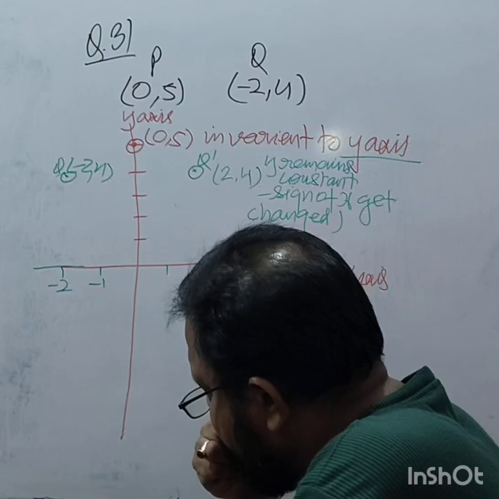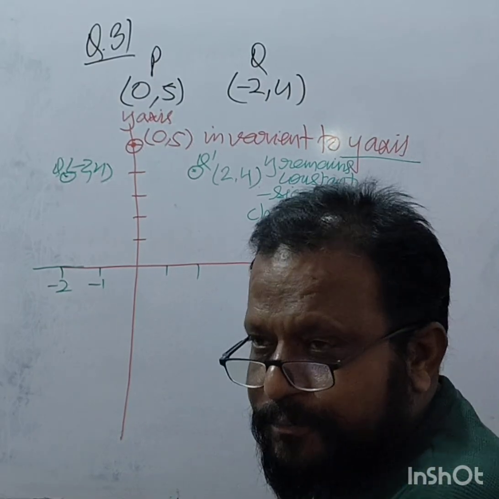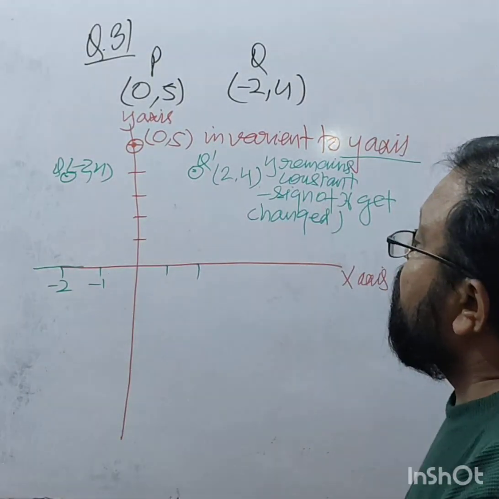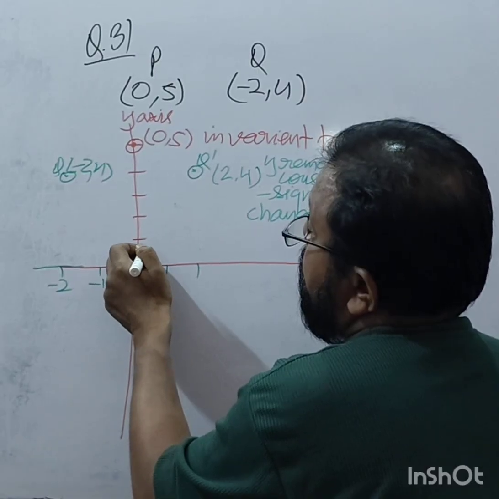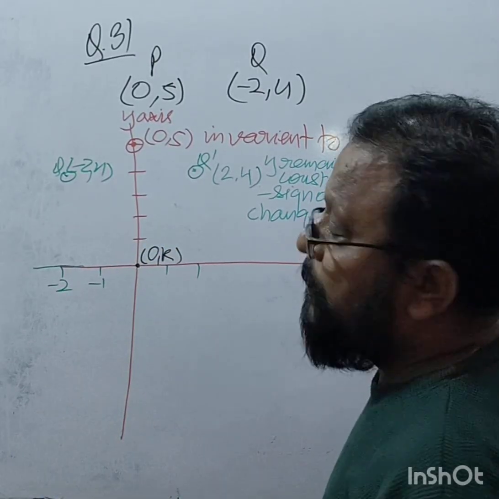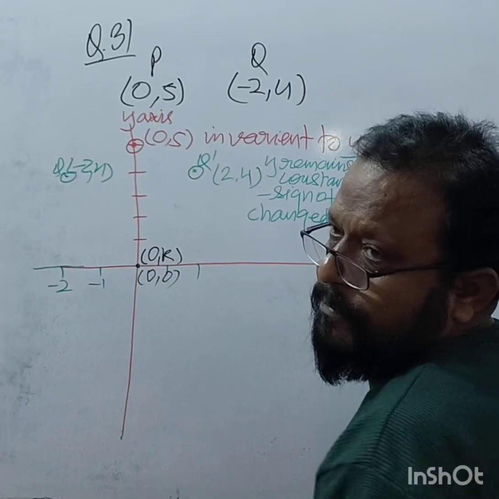Write the value of K. Zero. This is the origin, its value is 0, K, and its coordinates are 0, 0.